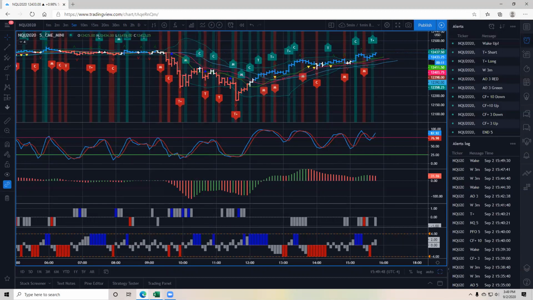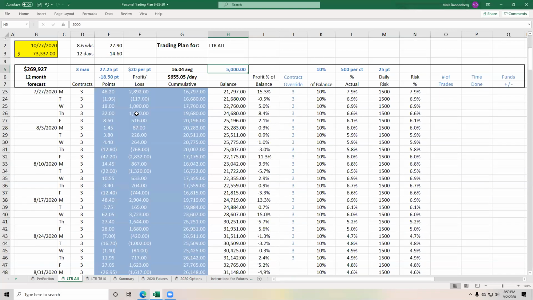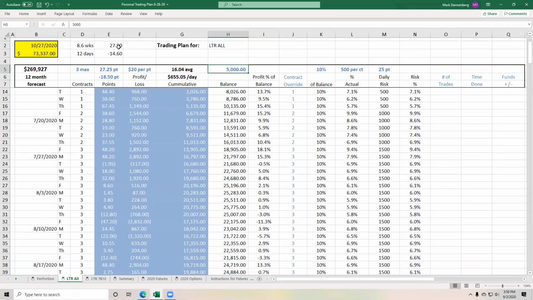The science and math of it really is just simply putting your performance in and then allowing your tool, your personal trading plan tool, to forecast the remaining part of the year, the remaining weeks of the 52 weeks, and make sure that that forecast is based entirely on what your average run rate is actual. So all the blue shaded fields are the actual performance, and this is a summary of those actual performances.